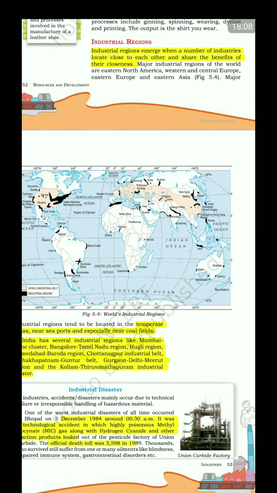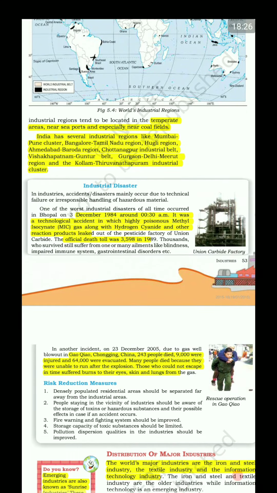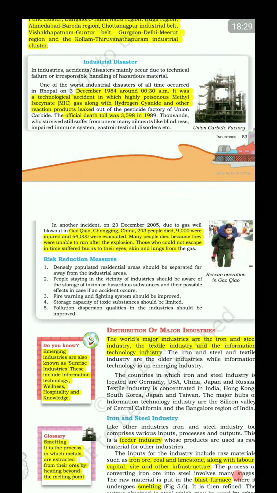We studied some of the important industrial regions of the world, and saw that the temperate areas are important industrial regions, the seaports are important industrial regions, and the regions which are near the coal fields of the world are important regions. We saw some of the industrial disasters and some of the important industrial regions in India.